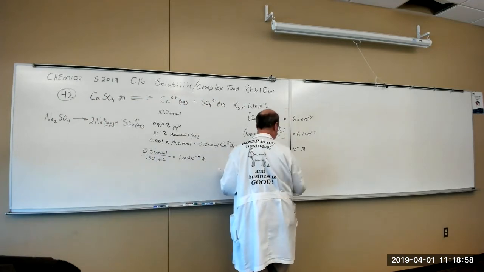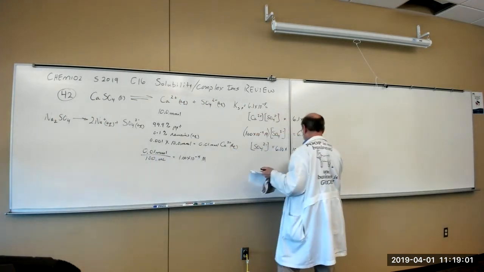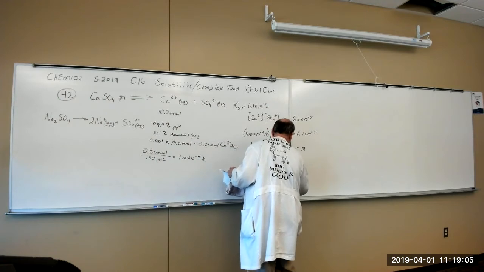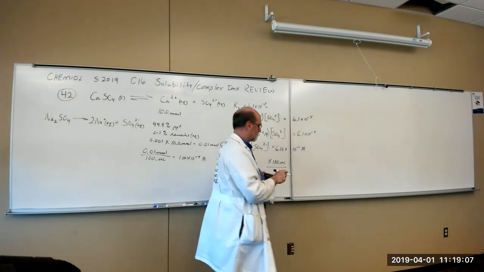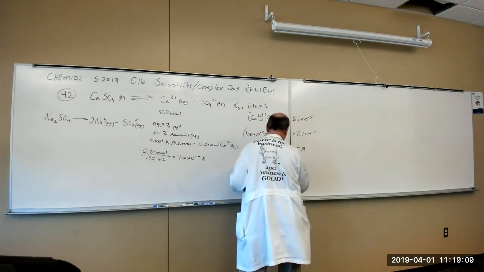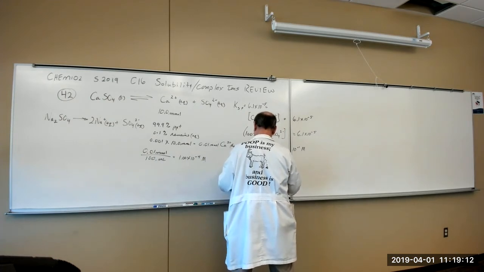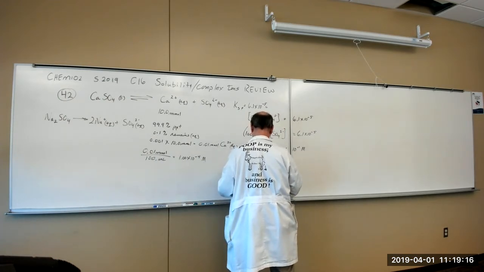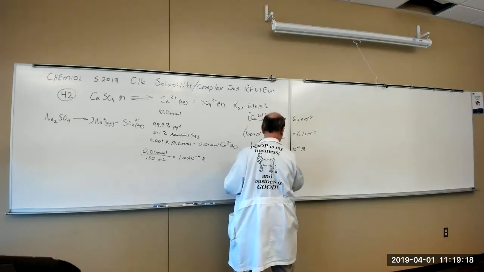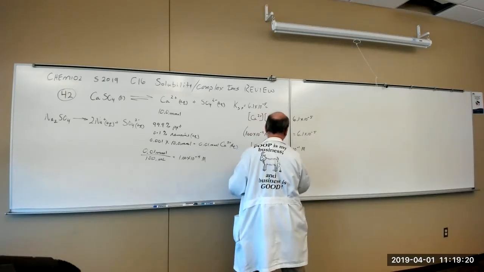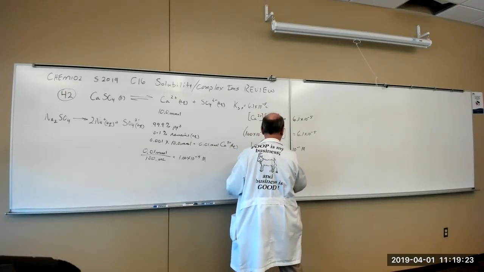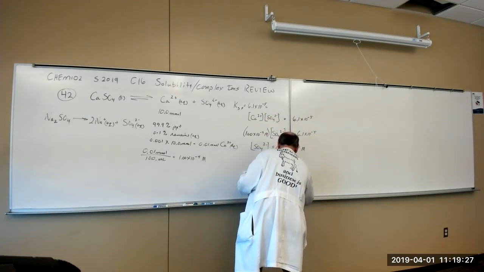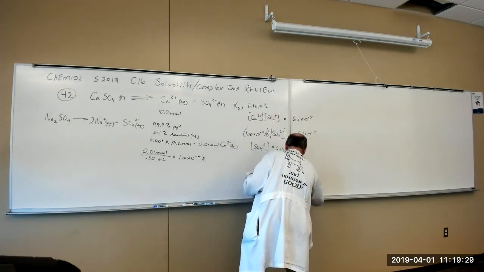So this is that molarity. If we multiply that times 100 milliliters, right, we have to assume that the volume stays the same. Then 100 times 0.61 is 61 millimoles of sulfate.